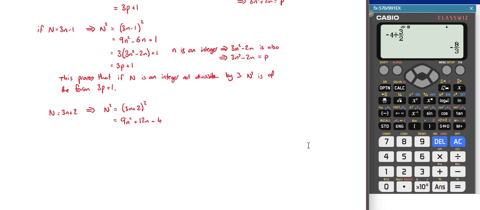Now, it's not obvious here why we have the plus 1 on the end, but what we can do is say, well, this is 9m squared plus 12m plus 3 plus 1. And then by the same logic, 9m squared plus 12m plus 3 is an integer. You can write that as p. You can take out a factor of 3. You get a similar sort of statement. So it works for both cases.